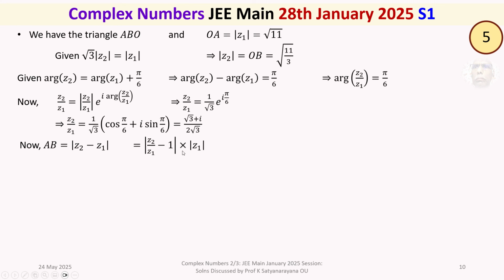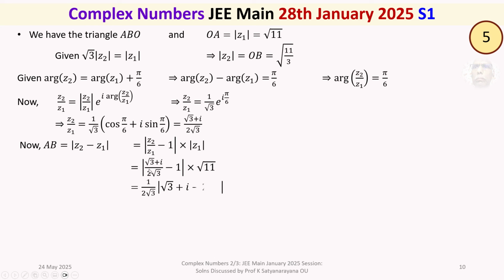That is equal to modulus of root 3 plus i by 2 root 3 minus 1, into the square root of 11, because modulus of Z1 is root 11.